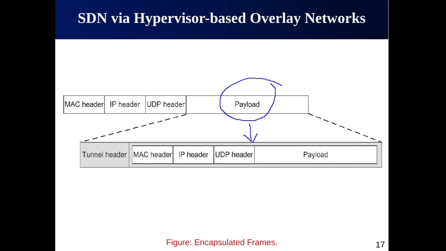So when a packet enters the edge, the hypervisor will take the packet and will encapsulate it into another frame. Now the hypervisor then takes this encapsulated packet, and based on the information programmed by the controller, it will send it towards the destination.